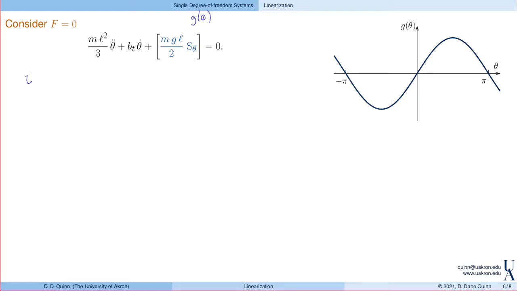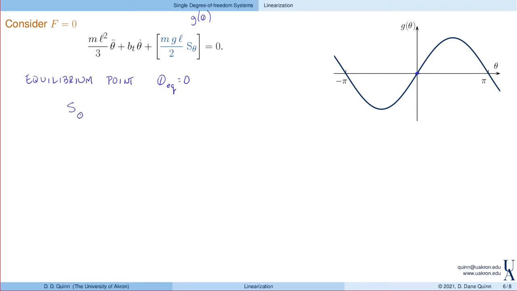Looking for the equilibria, we find that there is an equilibrium point at the origin. Here, this vanishes at the origin. So theta's equilibrium is equal to 0. As a result, I can linearize sine of theta.